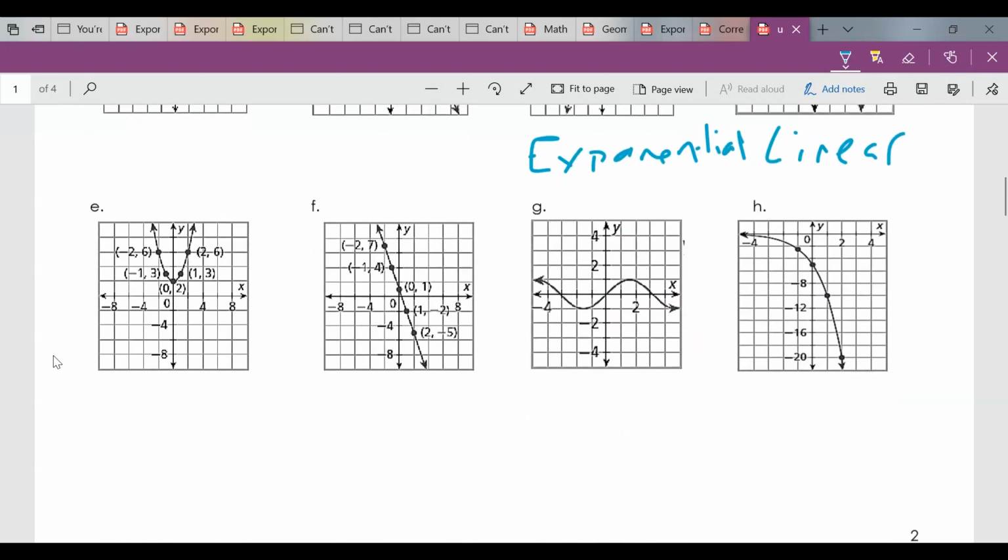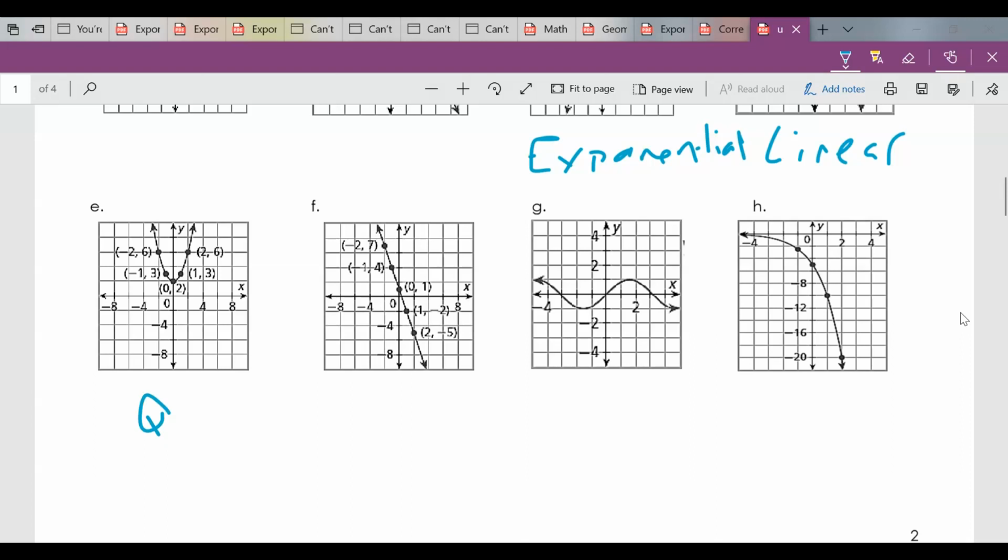Ooh. I have two that have curves. E has a curve, and G also has a curve, but there's a difference: E continues going up forever, and G is something that I do not think I've seen in Algebra 1 this year. In E, I have what is called a parabolic function, so that would be my quadratic function.